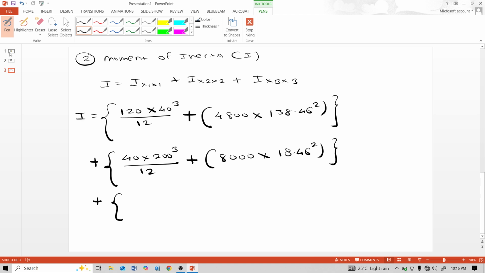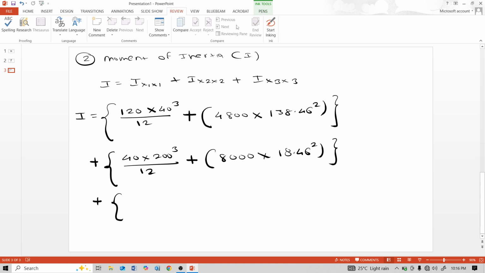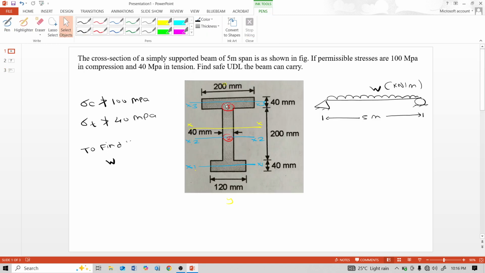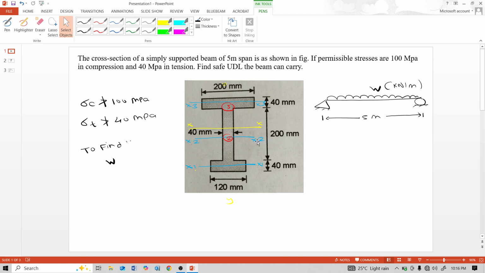Plus, for that top flange part, the moment of inertia Ix3 is 200 multiplied by 40 cube divided by 12, plus the area of that top flange portion, 200 multiplied by 40, 8000, and multiply by the distance between the I cross section's original neutral axis and the x3 axis, and square of this distance.